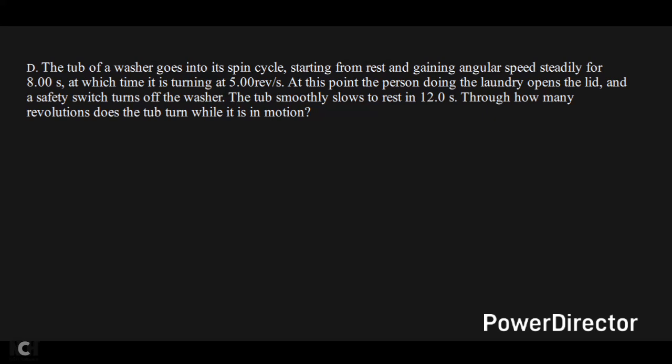So here, the fastest way to do this one is to just use this part. If you look at this situation, they're saying that the tub of a washer goes into its spin cycle, starting from rest and gaining angular speed steadily for 8 seconds, meaning that it started speeding up.